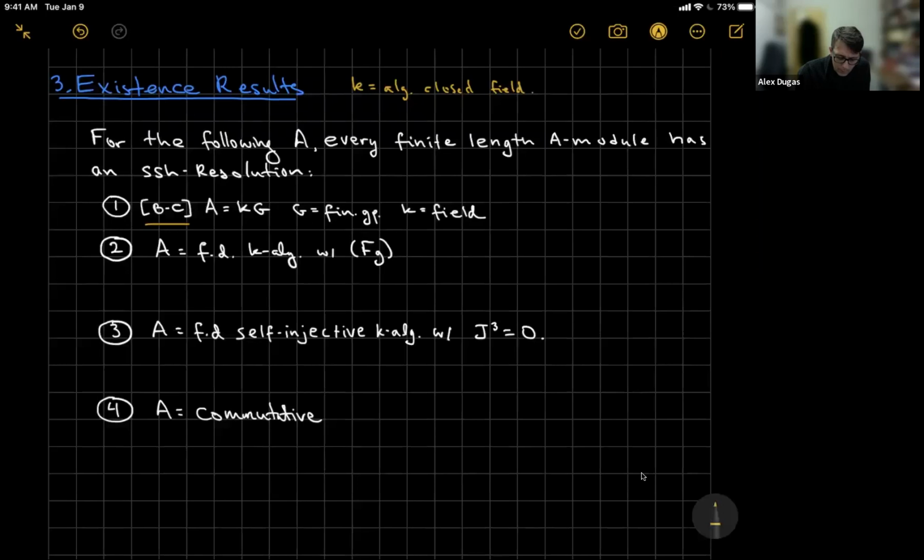And then for our results, the first one that I'll state here is for finite dimensional algebras with the FG condition. This of course includes all of these group algebras. So let me recall what FG means. It means that the Hochschild cohomology of A is Noetherian.